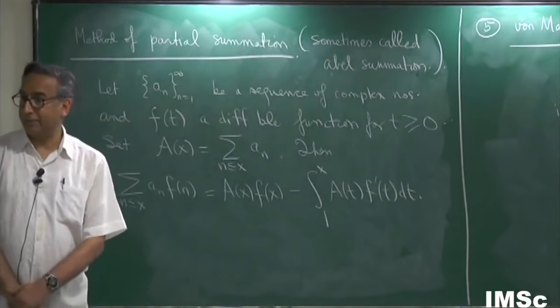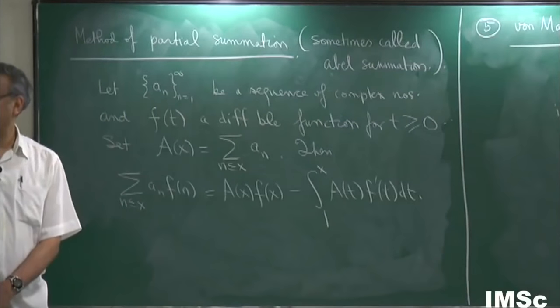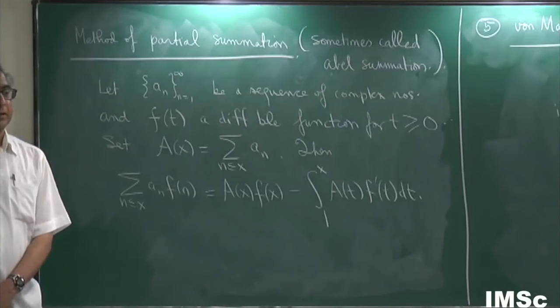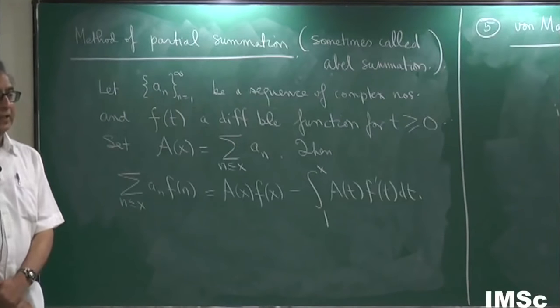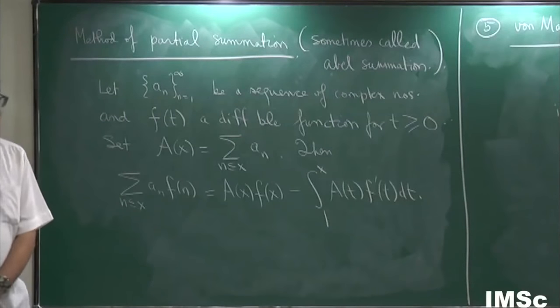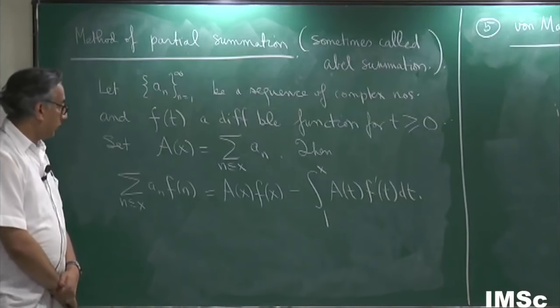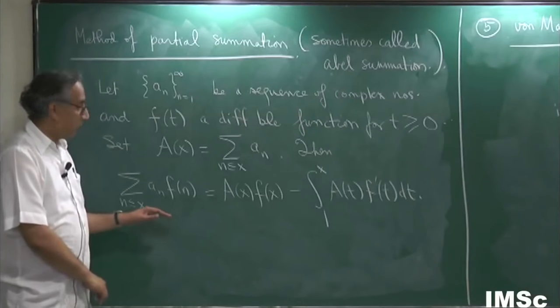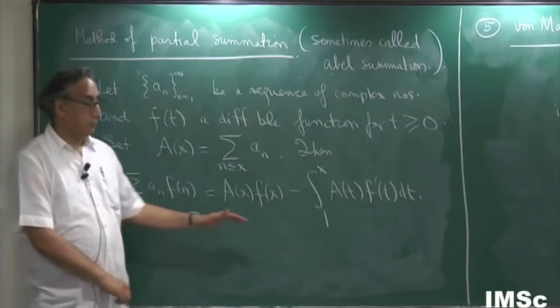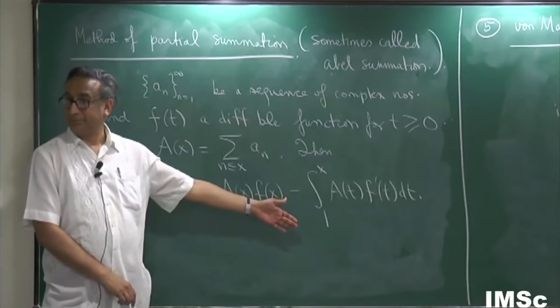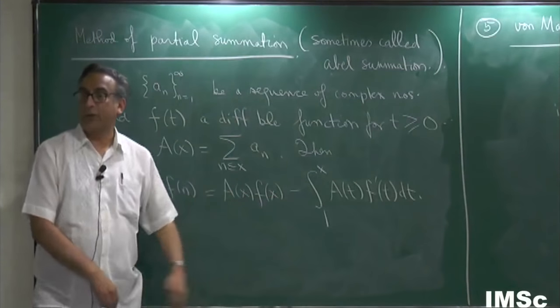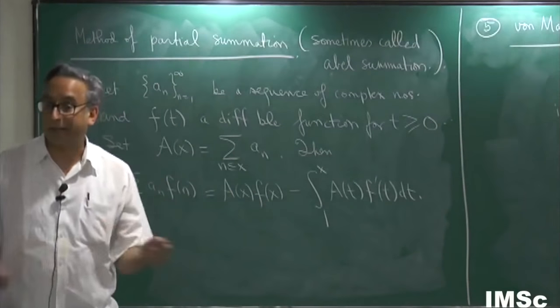So this is the first tool I am putting into your hands for the purpose of studying analytic number theory. What is the tool? It's telling you how to change a sum into an integral. That's the amazing thing. And integration is very easy. You've got lots of methods, calculus and so on.